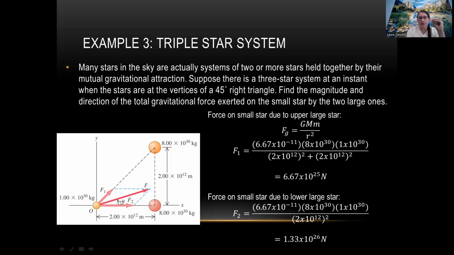It's still going to experience a force from that upper orange star, but more so a force from the lower red star, so that vector is going to be closer to that red star than the orange star. Okay, this is not our final answer yet, though, because we need to find the value of F. But now we have F1 and F2, so we're on our way.